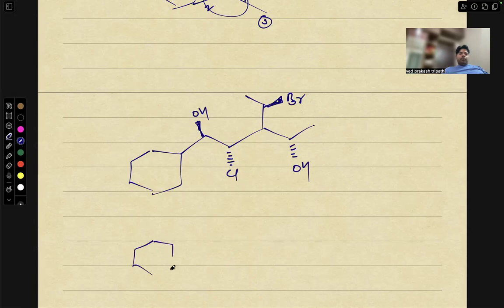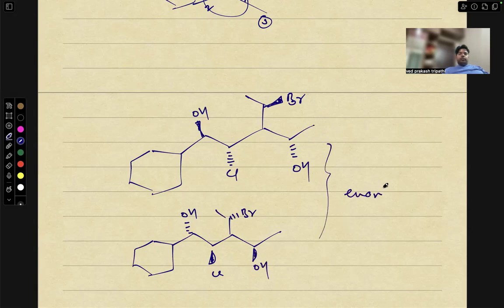So keep everything the same. Now change wedge with the dash and dash with the wedge. So this is dash OH, this is the wedge chlorine, this is the dash bromine, and this is the wedge OH. Okay, so these are enantiomers.